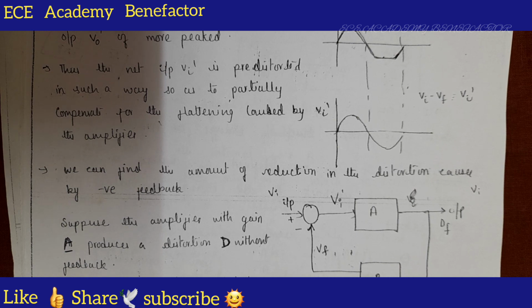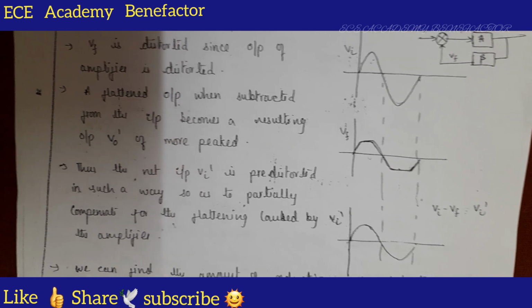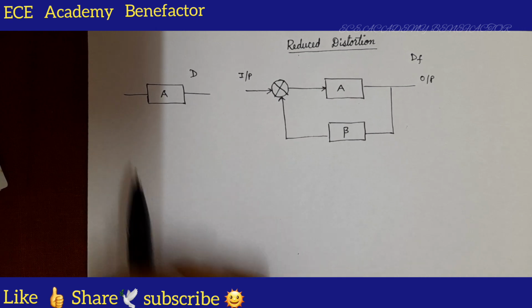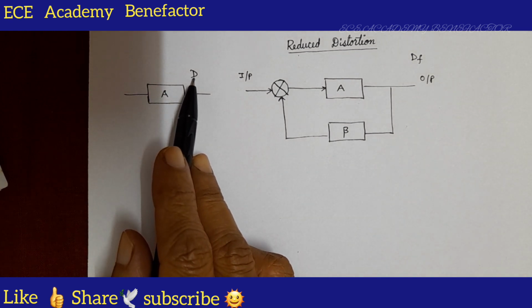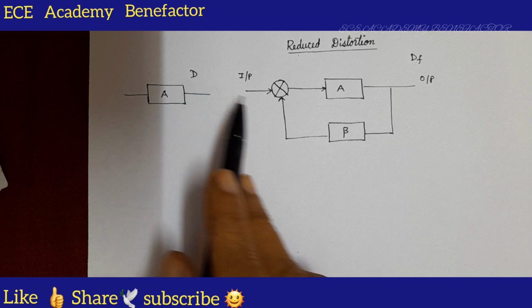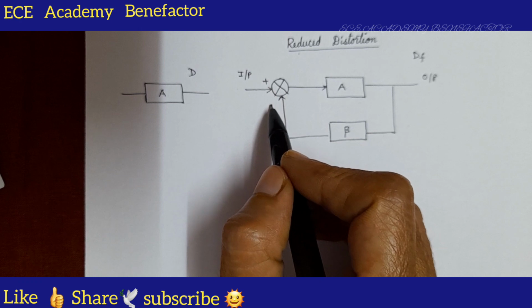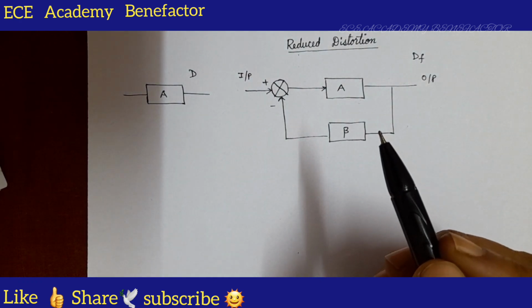We have seen in the graphical form how it is reducing the distortion in a negative feedback. Now let us understand. In this diagram, if this is an amplifier without feedback, it is producing a distortion of D. Now we have drawn this negative feedback. When the feedback signal is in opposite phase with the incoming signal, it is known as negative feedback.